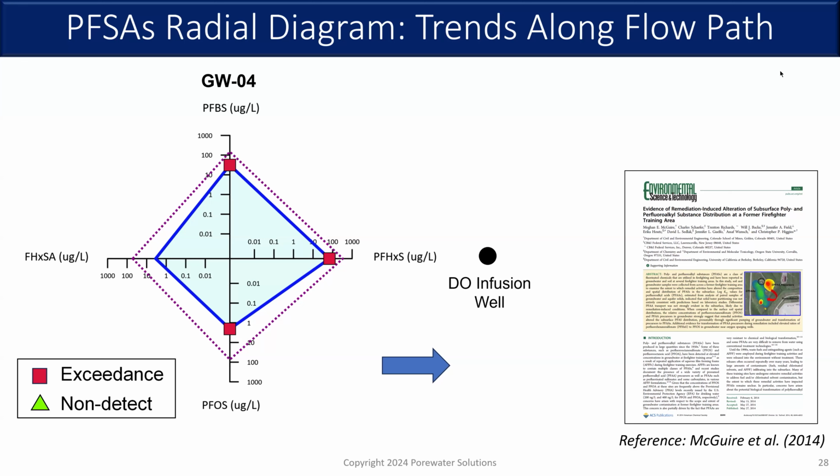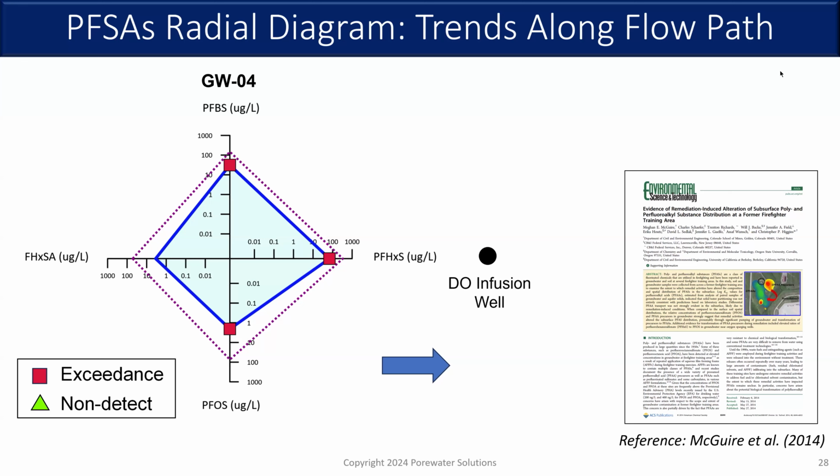So if we're injecting oxygen, that could really stimulate precursor degradation and cause increasing concentrations of the daughter products like PFHxS in this case. And just a side note, that's the same thing with chemical oxidation. If you have precursors present, chemical oxidation will also stimulate the precursor degradation to potentially PFAS of concern. So you have to be very careful with that.